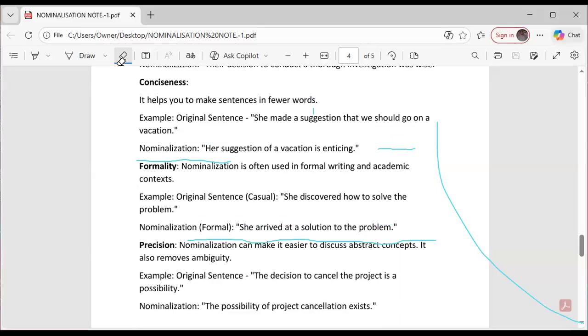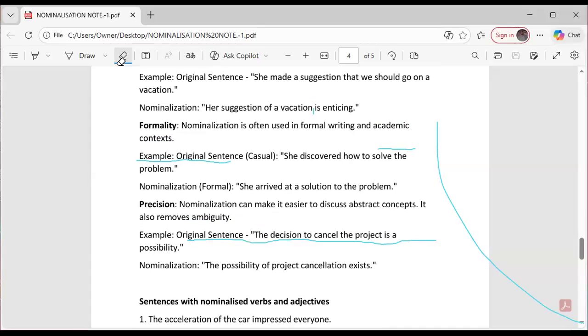ambiguity. Do you know what the word ambiguity means? Words sometimes have more than one meaning. For example, the word star could mean a lot of things. A star in the sky, a music star, or a movie star, someone who is very popular. Good.